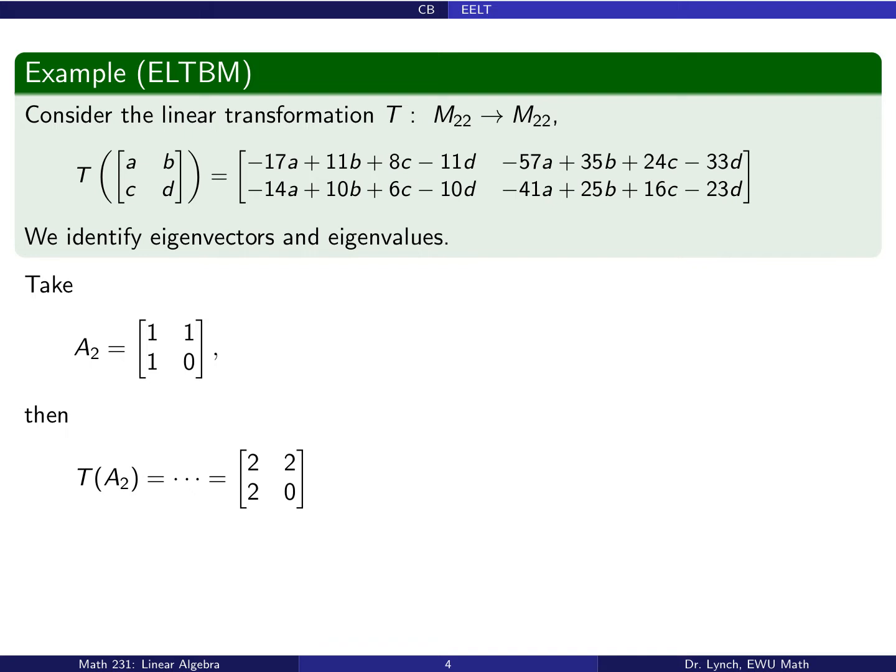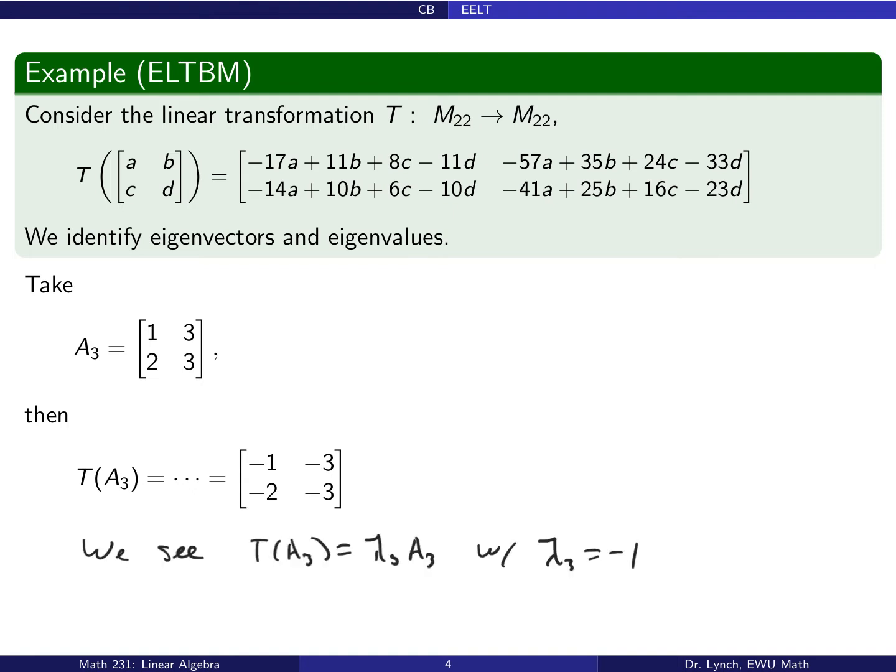Similarly, for this A2, we see that the image of A2 is 2 times A2. So a second eigenvector associated with the eigenvalue 2 is the element [1, 1; 1, 0]. Similarly, for A3, we see that T of A3 is minus 1 times A3.